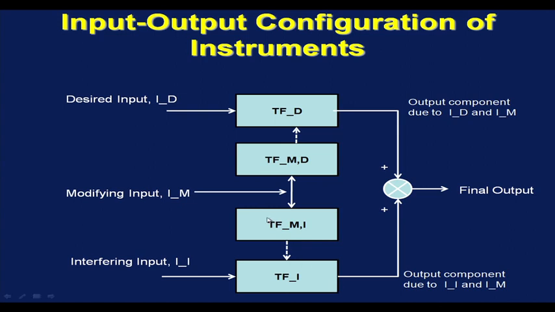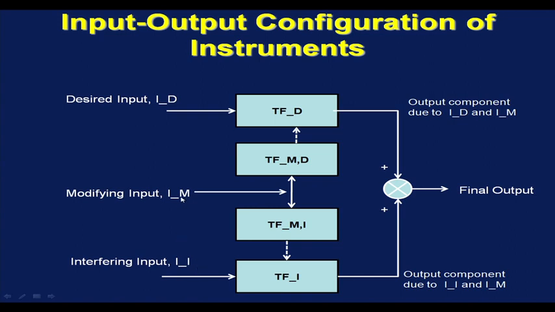So, we presented this block diagram in the previous class, which represents a general input-output configuration of instruments. You have desired inputs, modifying inputs and interfering inputs. Let us consider this as a transfer function which works on desired input. Or let us first consider the transfer function which works on interfering input.